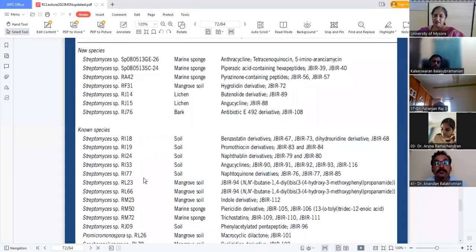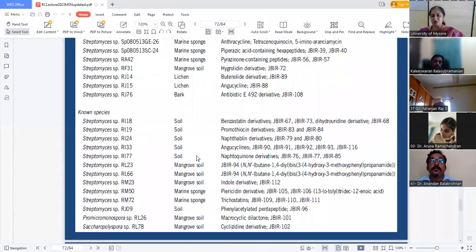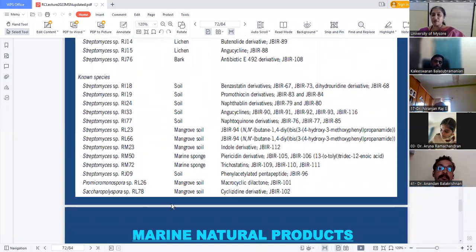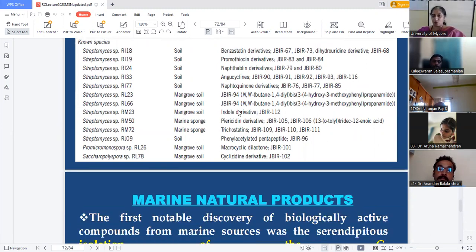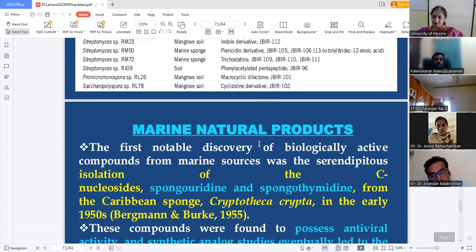So known species isolated from soil, from the mangrove environment, that is marine environment, marine sponges, etc., have produced also new compounds. So not necessarily new ones should produce the compounds, even the already known ones also can produce newer compounds. That is due to the chemical diversity.